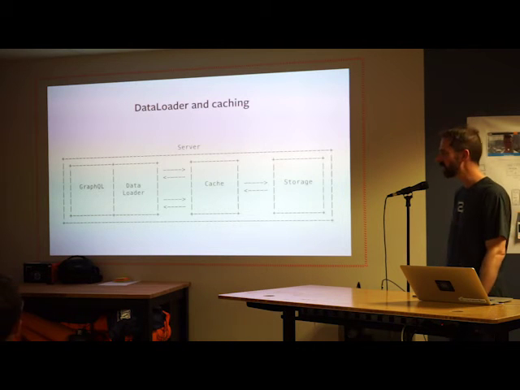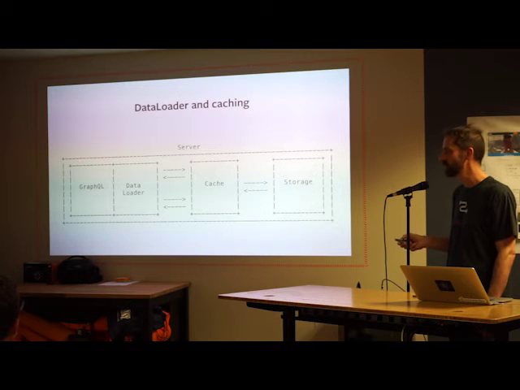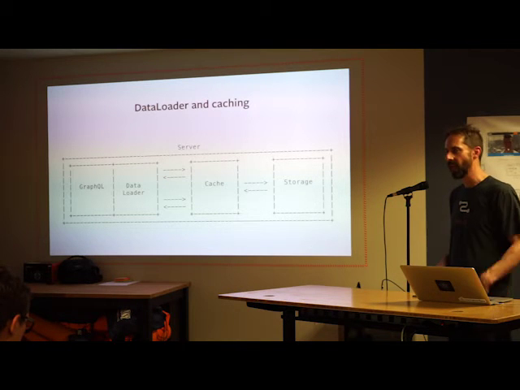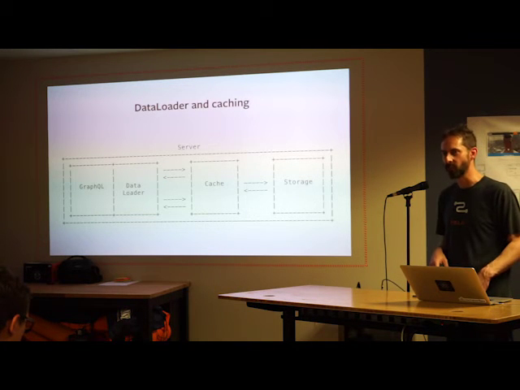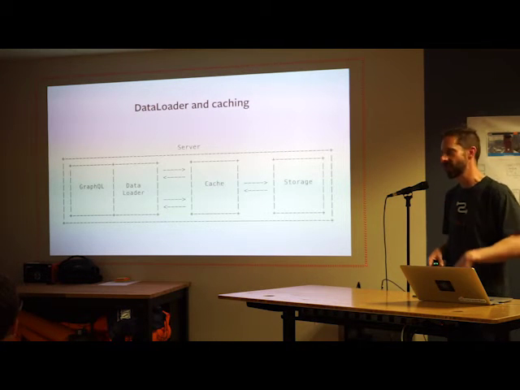In reality, that diagram I showed of what happens on the server isn't quite accurate. In a real production app, it's going to look more something like this. You're probably going to have a library like Data Loader, which handles aggregation and batching, and that's going to reduce the number of requests. Because Data Loader knows, for example, that if you've asked for user ID 4 and you asked for it only a few seconds ago, it can just give you the same one back.